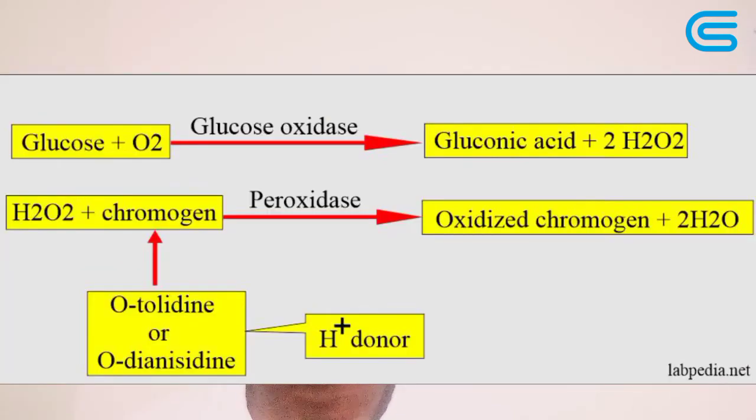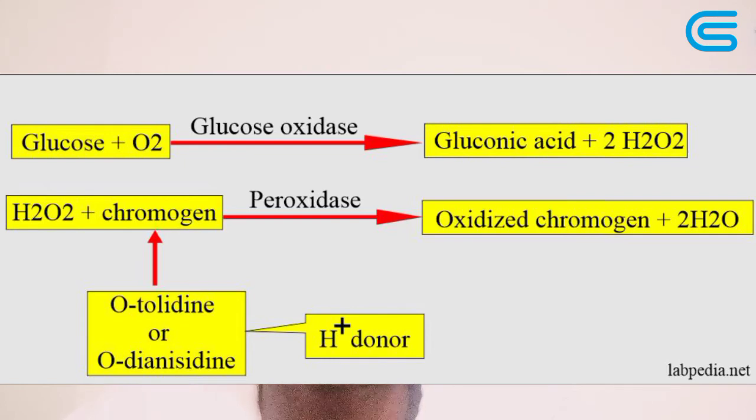The reagent strip is based on the glucose oxidase peroxidase reaction, whereby the reagent area of the strip is impregnated with the enzymes glucose oxidase and peroxidase, and a chromogen. Chromogen is just a color. So when glucose reacts with oxygen from room air under the enzyme glucose oxidase, it will form gluconic acid and hydrogen peroxide.